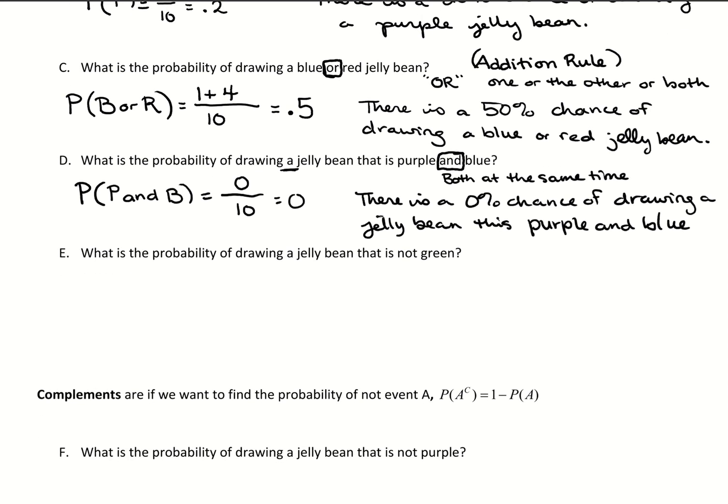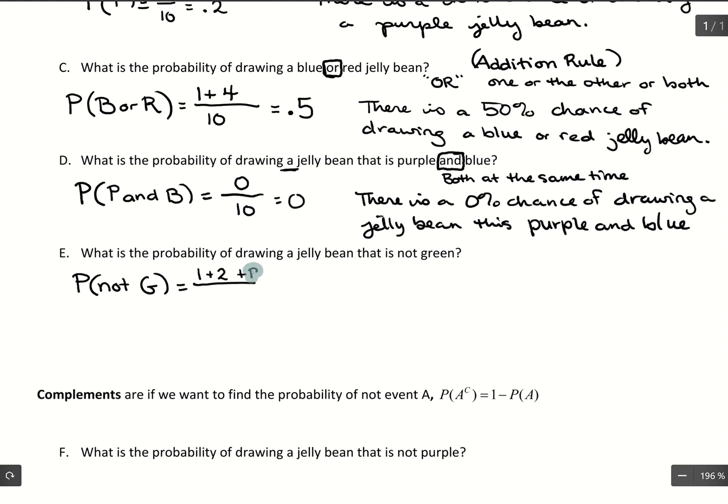What is the probability of drawing a jelly bean that is not green? So we're looking for the probability of not green. If we build our fraction, it's like in the numerator, we want all of the scenarios that are not green. So it could be blue, or it could be purple, or it could be red.